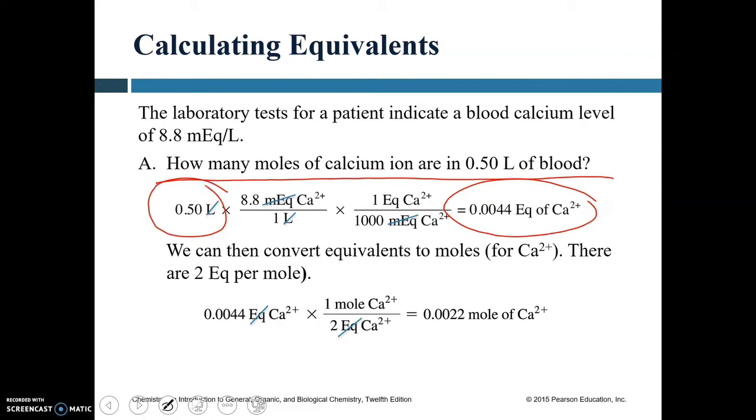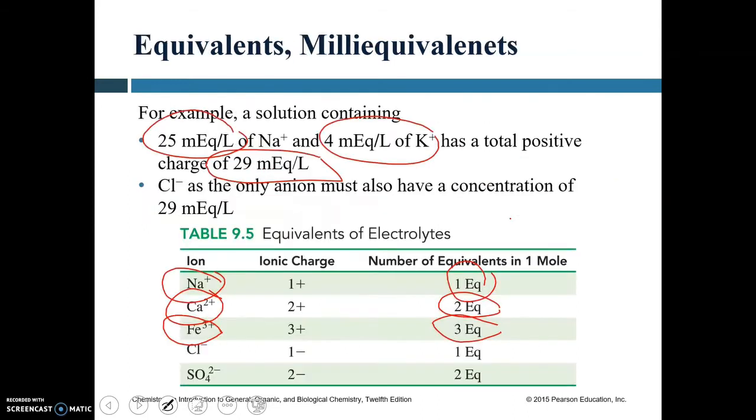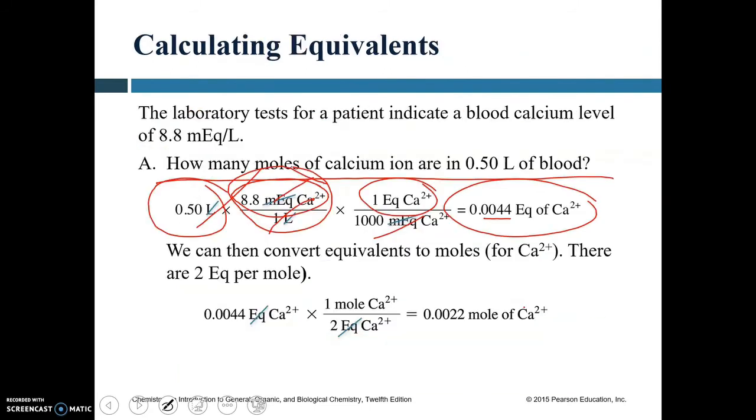If the measurement tells us that the patient has 8.8 milliequivalents per liter, we multiply half a liter by this conversion factor and then multiply the product by this conversion factor where one equivalent is the same as 1000 milliequivalents. Crossing out milliequivalents and liters, we end up with 0.0044 equivalents of calcium.